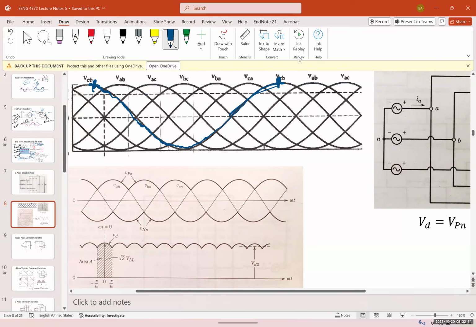But at 3-phase, the peaks are pretty close, okay? So it's going to give us actually a smoother DC signal. It's going to give us something better when you convert it to DC, and it's going to be able to deliver much more power. So building a 3-phase DC actually gives us much better control and a better, smoother signal.